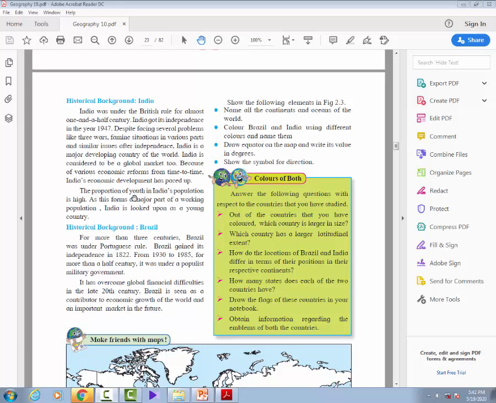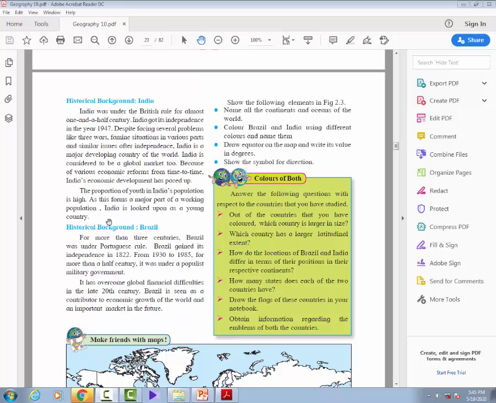The proportion of youth in India's population is high. In India we have a large number of youth, as they form a major part of the working population. India is looked upon as a young country.